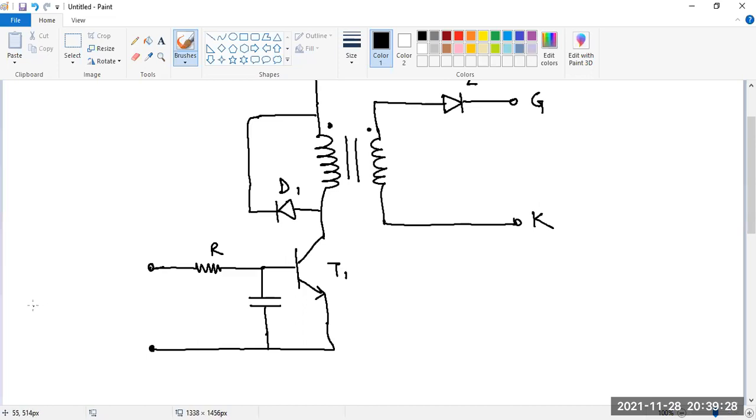Here I will apply a pulse train like this. This type of pulse train will be applied here, and ultimately it will trigger the actual thyristor. Your thyristor has its gate like this.